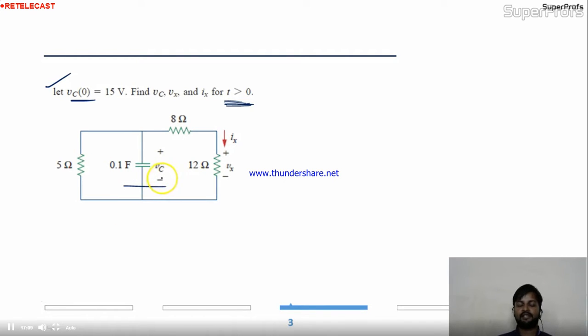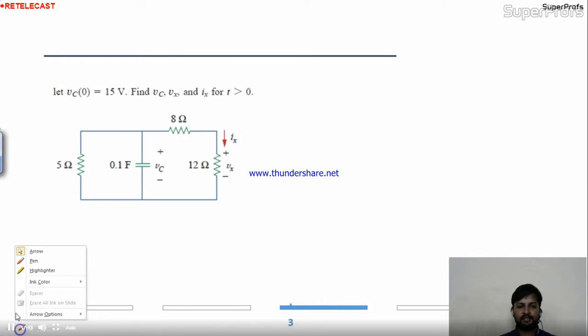So how to solve this circuit? See friends, this is nothing but the application of whatever we have seen, the source free RC circuit. See here only RC circuit is given. So for the source free RC circuit, they are asking for the Vc, right?